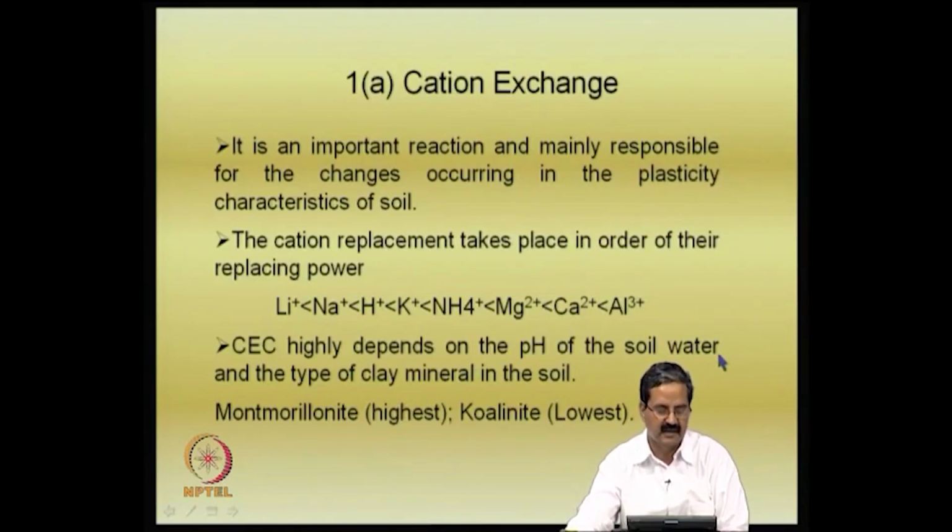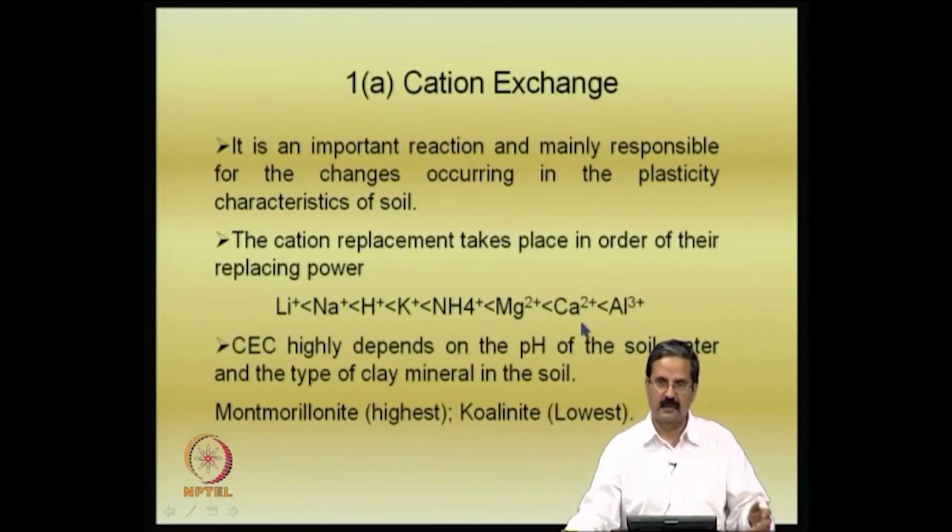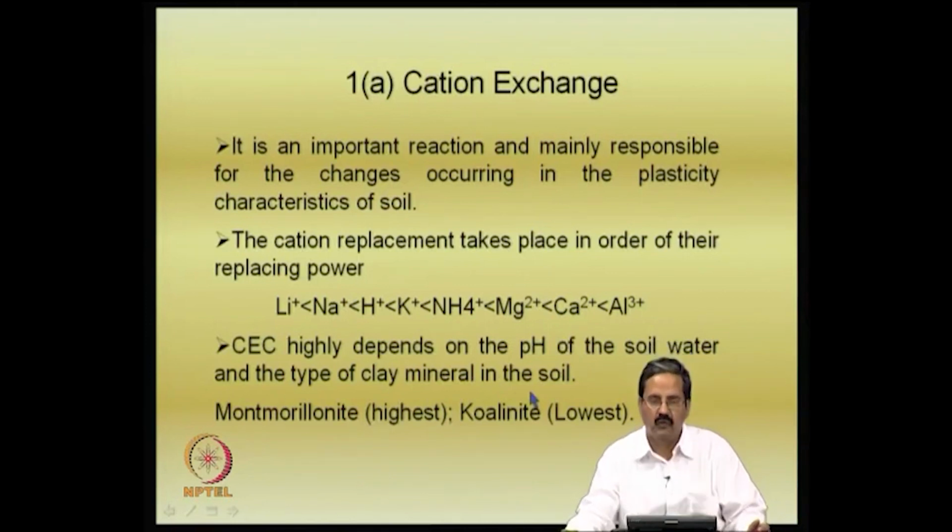There is pore water, and if the pore water has some pH, it definitely has a big influence on the cation exchange capacity, and also the type of clay mineral. We know there are different types of clay minerals: montmorillonite, kaolinite, illite and so on.